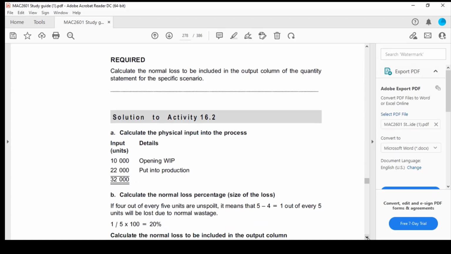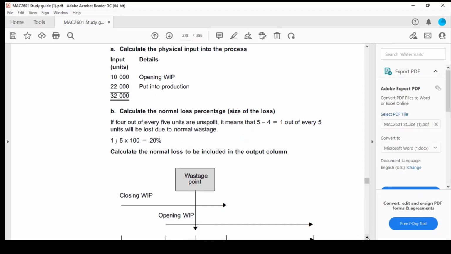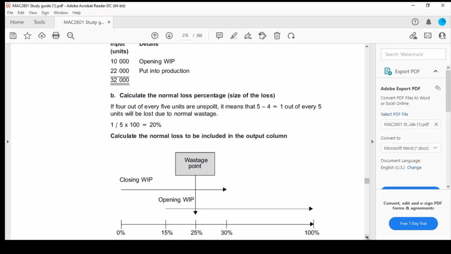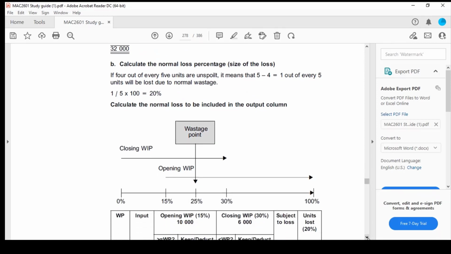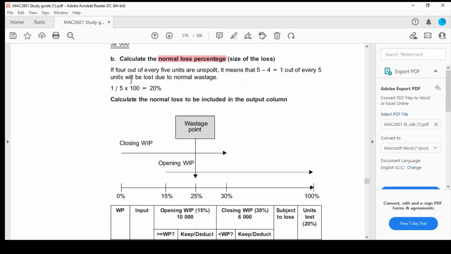As usual, always start with how many units am I starting this process with? It's your WIP and what you put into the production. So it's 32,000. Now you're calculating the normal loss percentage, the size of the loss.